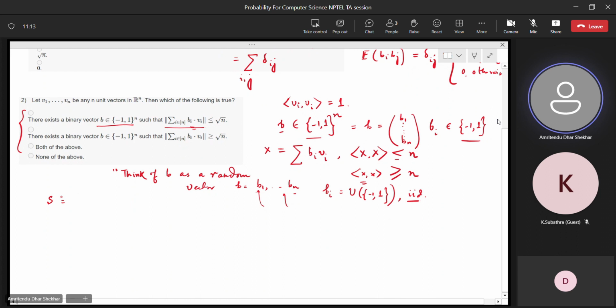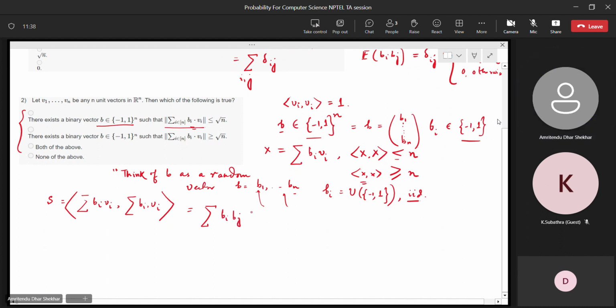So S is equal to the sum over i of b_i v_i, taking the inner product with itself. So it's basically the square of this, right? Now if we expand this, this is equal to the sum over i, j of b_i b_j ⟨v_i, v_j⟩.